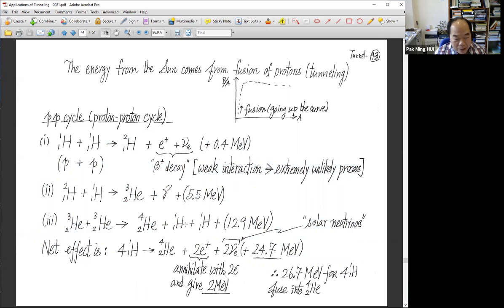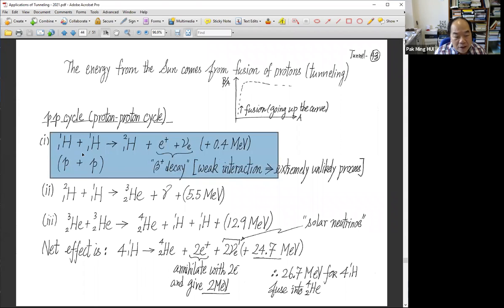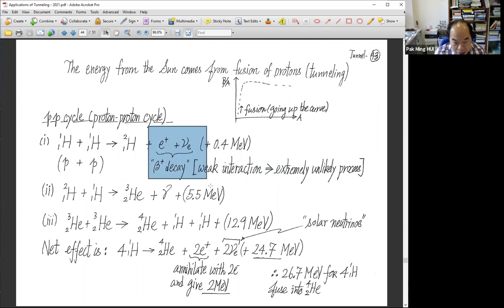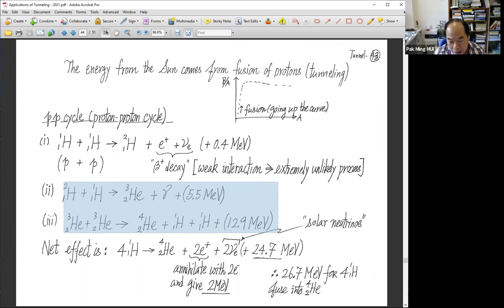Now, the first process is hard to occur. It is PP into a deuterium, a positron and a neutrino. Whenever you see something like this as the product, this is a weak interaction process. This is extremely rare and slow. But once this happens, then these 2 other processes could happen.